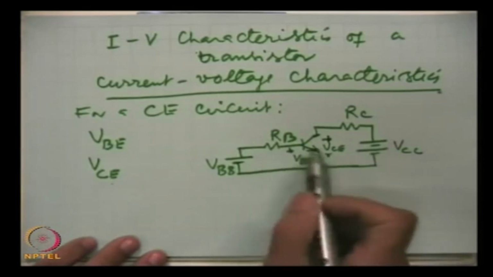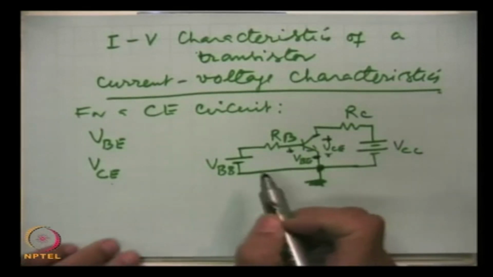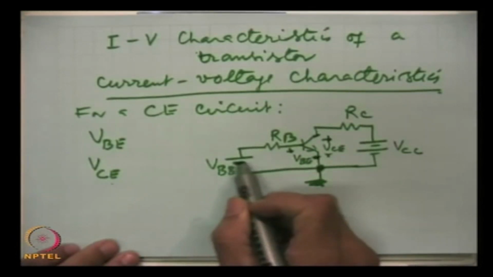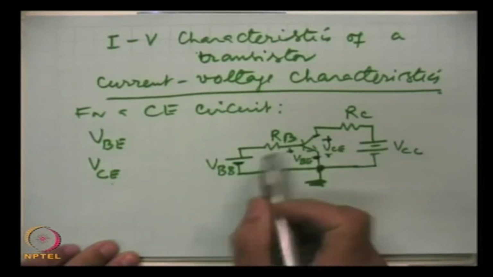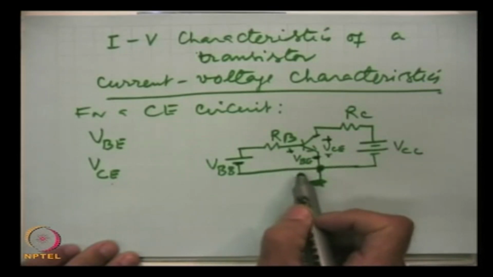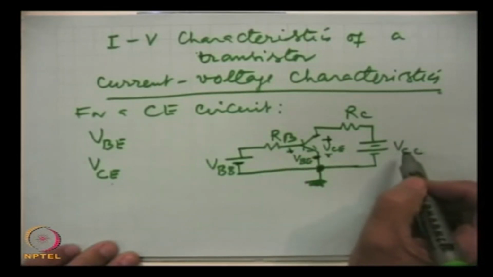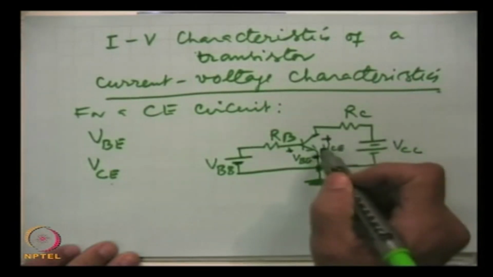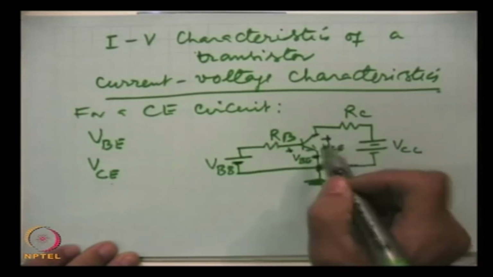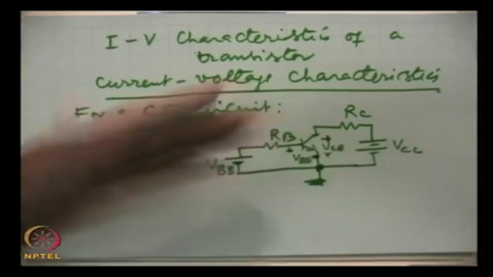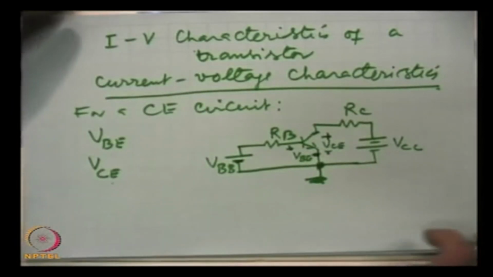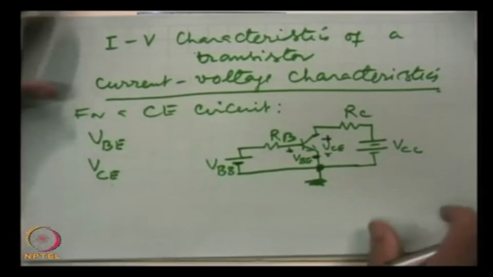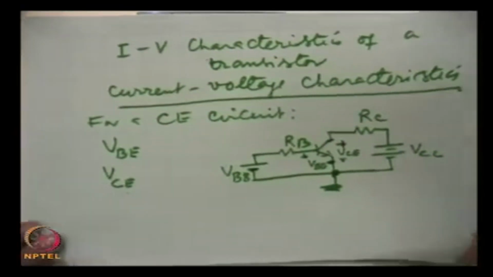Here what I have shown is that the input battery has been connected to forward bias the base emitter junction, and this battery VCC has been connected such that it will reverse bias the collector junction. But we can change it the other way, we will see what impact it will have. Now, first we talk of the input characteristics.